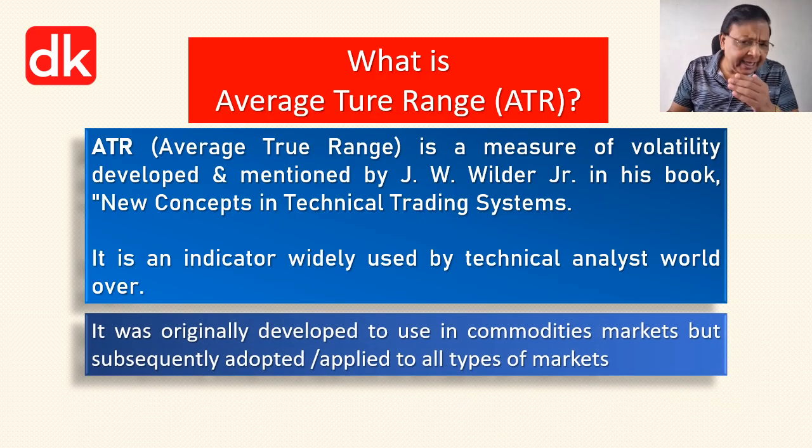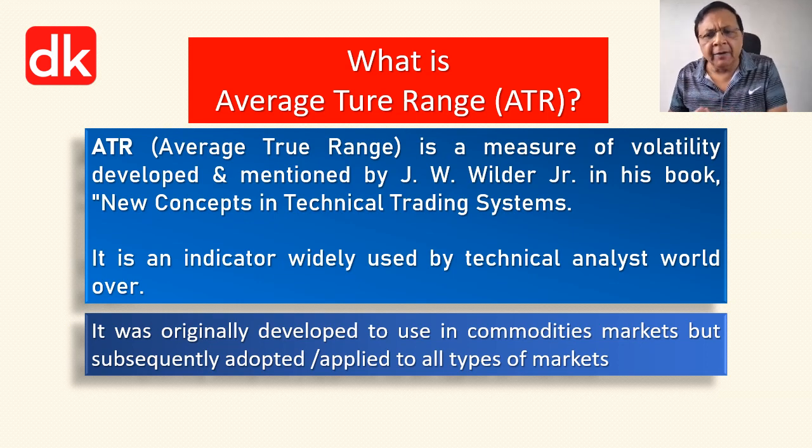It was originally developed for use in the commodity market, but subsequently has been adopted and is being frequently used in all types of markets, whether it is commodity market, currency market, stock market, or bond market.